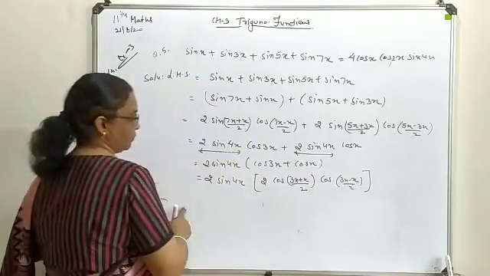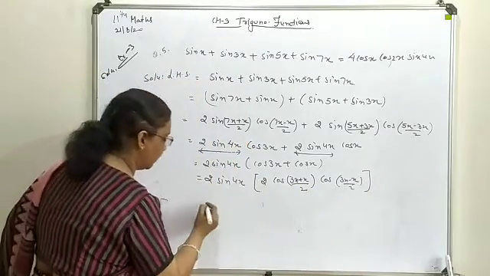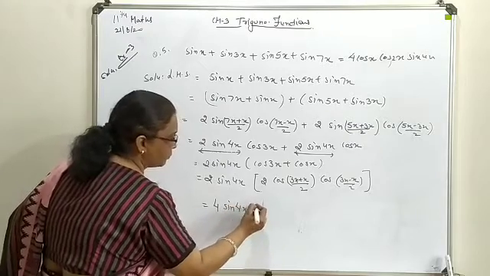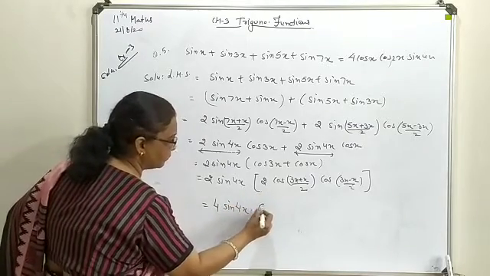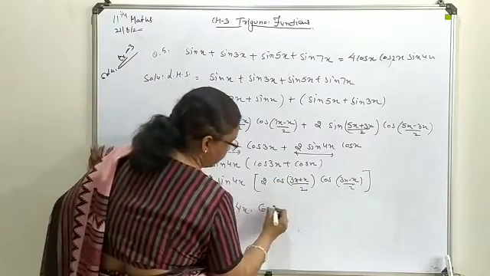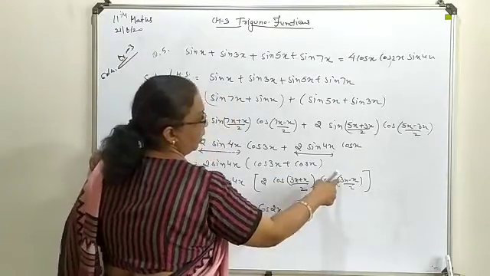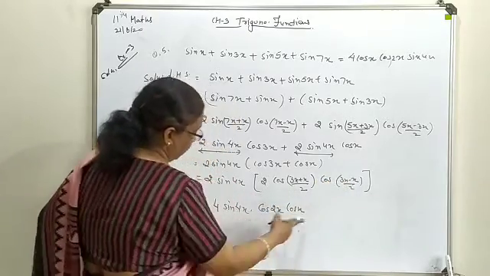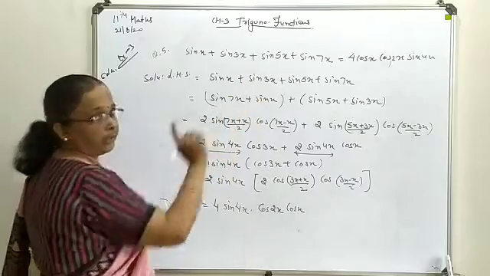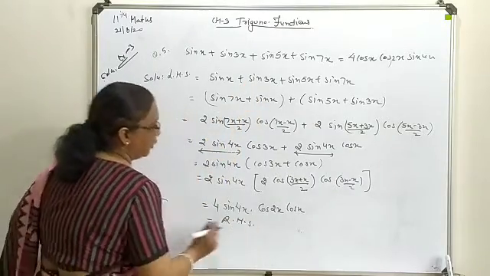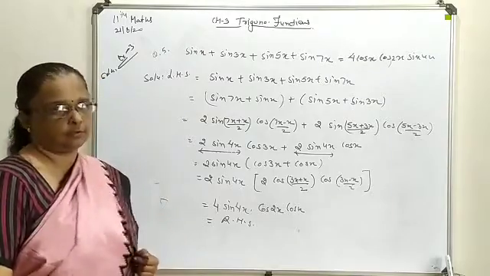Sort them out. Here 2 and 2 will get multiplied, means 4. This is sin 4x, cos 4x upon 2 means 2x, and 2x upon 2 means cos x. All these terms are required on your right hand side. So this way your terms are to be sorted out.